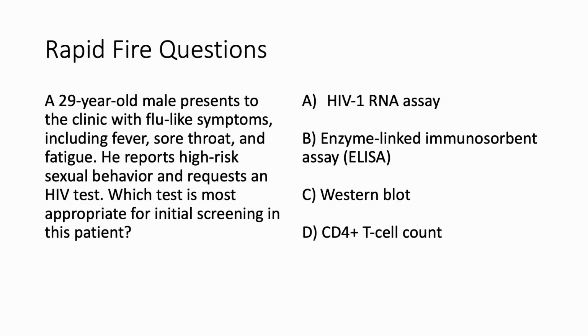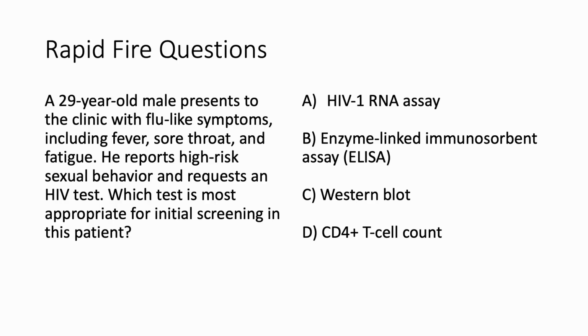Now let's talk about rapid fire questions and answers that are high yield on your exam. Here's one case. A 29-year-old male presents to the clinic with flu-like symptoms, including fever, sore throat, and fatigue. He reports high-risk sexual behavior and requests an HIV test.